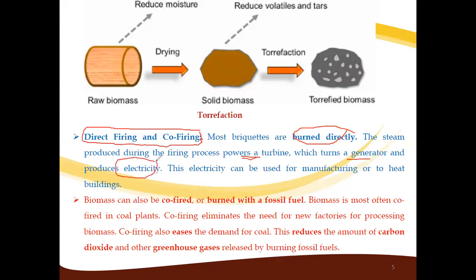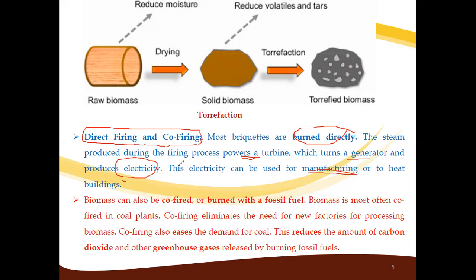So by direct firing using this torrefied biomass, it can be used in a steam power plant. Then this electricity can be used either for manufacturing or to heat buildings.